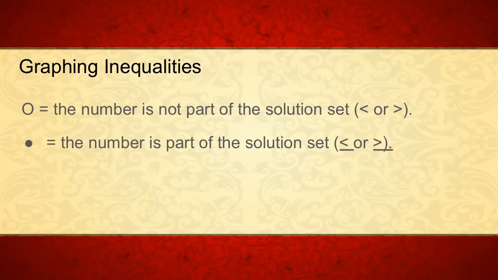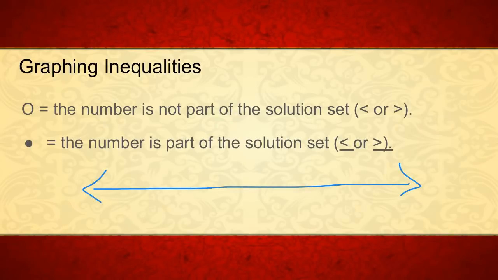But not only do you have to translate the inequality, you have to be able to graph it. So you're going to be using a number line, and you're going to be using a different symbol based on whether you have your number as part of the solution set or not part of the solution set. So this is called an open circle.